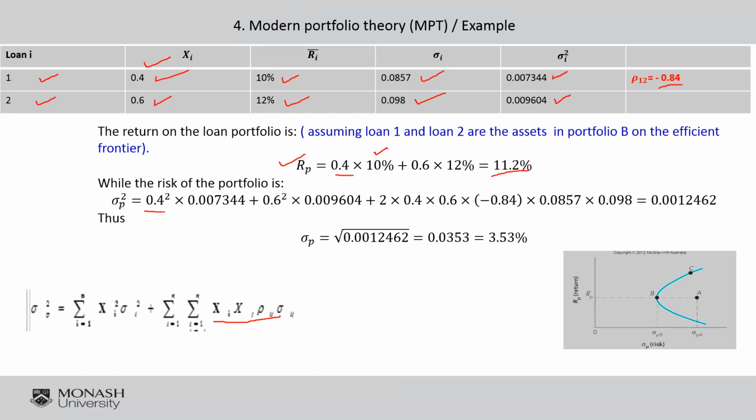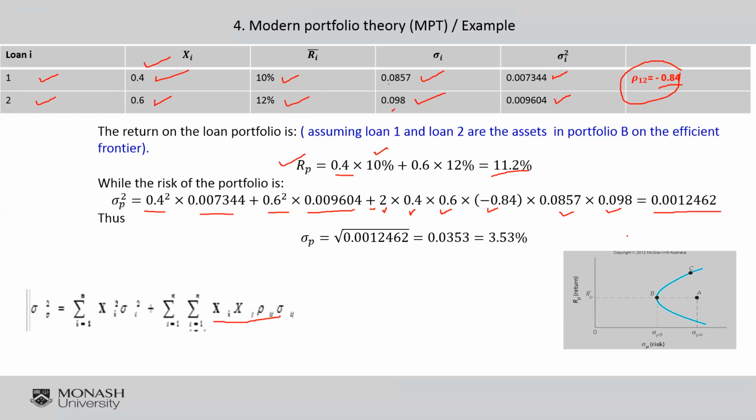So I will start with the first asset's weight squared times its standard deviation, plus the second asset's weight squared times its standard deviation. And then I will bring 2 times the weight of the first one, the weight of the second one, times the correlation between the two assets, which is this one, and then times the standard deviation of the first one, which is this number, and the standard deviation of the second one, and then we will find this one.